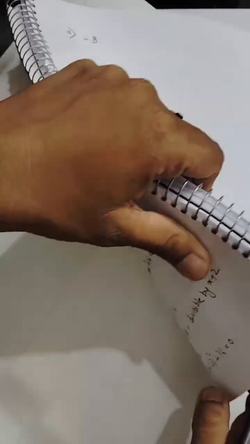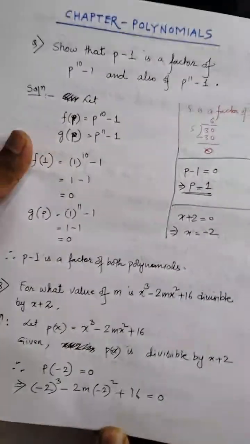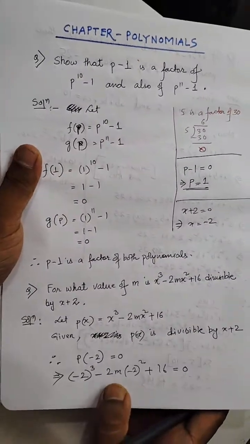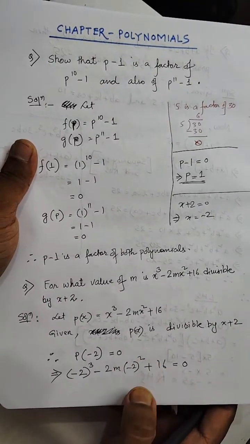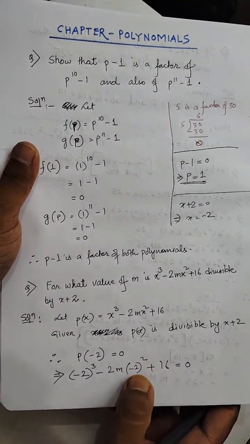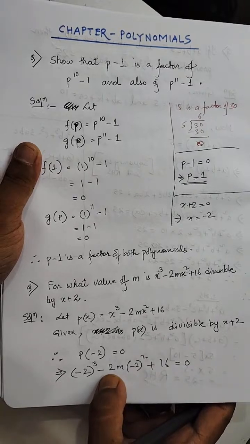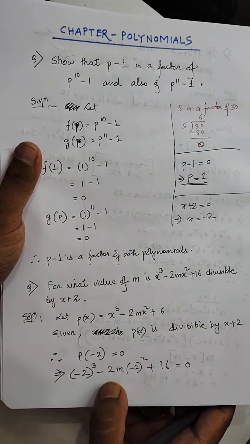Okay, then I had, just a minute, I have to keep turning to the previous page. So this is minus 2m and minus 2 whole square. So minus 2 whole square is 4, and 4 into minus 2 is minus 8. So we have minus 8m and plus 16.